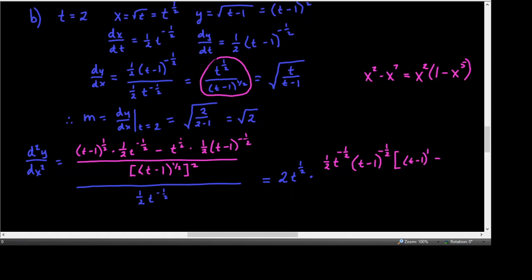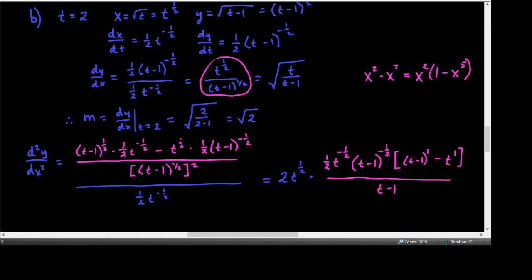Minus, then if you factor out the 1/2 and the t minus 1 to the negative 1/2, they're going to leave ones, invisible ones. And then we're going to divide t to the 1/2 by t to the negative 1/2 and get t to the first. And in the denominator of that, t minus 1 to the 1/2 squared, of course, is just t minus 1.